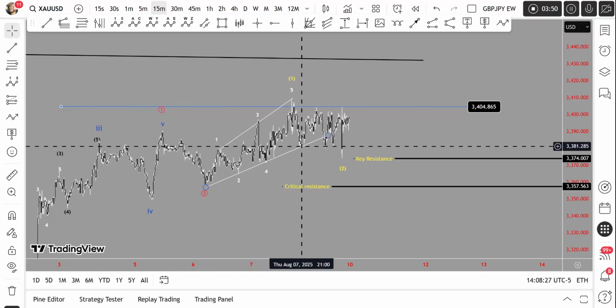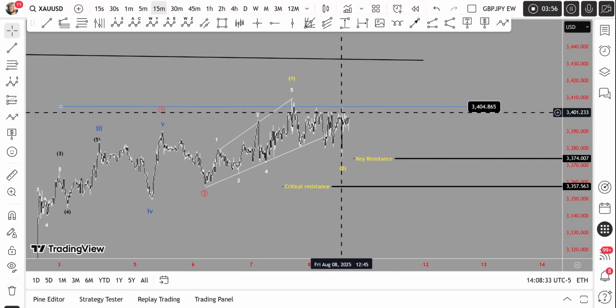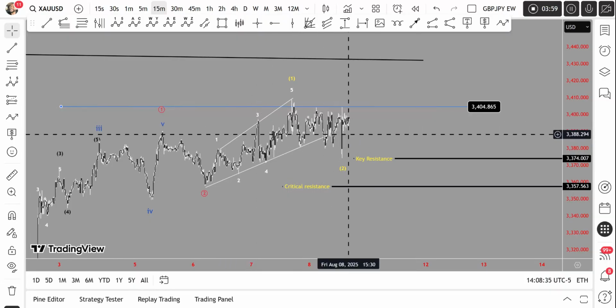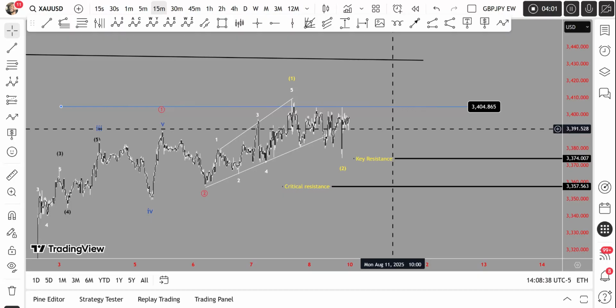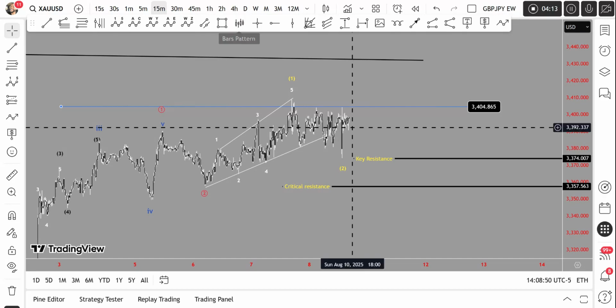Or we could have our A, B, C, 2 and be complete. The market does like to make complex formations here and there, so you don't ever want to be too sold on any given bias. You want to let the market confirm to you, and then as it confirms to you, you pretty much commit to it.